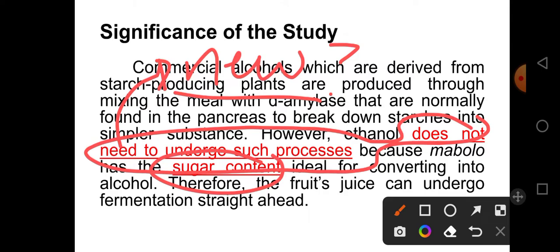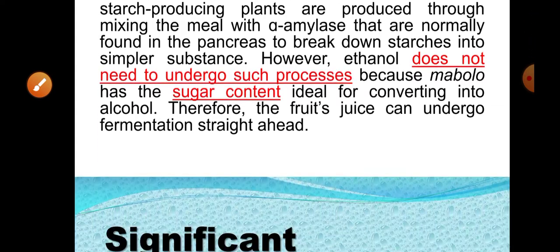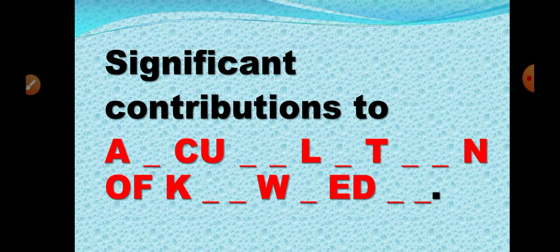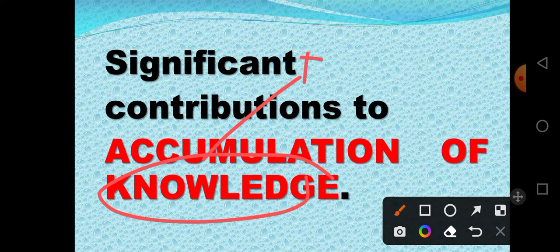Okay. So class, if this idea is a newfound knowledge to you, it means that the significance of the study also highlights the significant contributions on the accumulation of new knowledge. So the significance of the study must highlight an accumulation of new information.